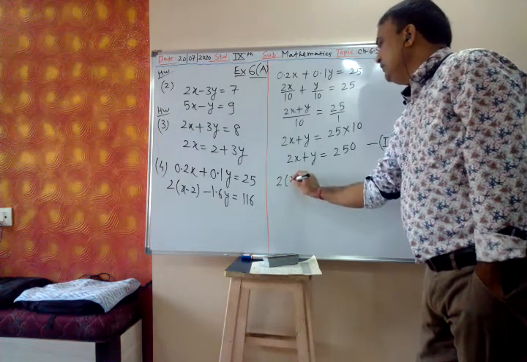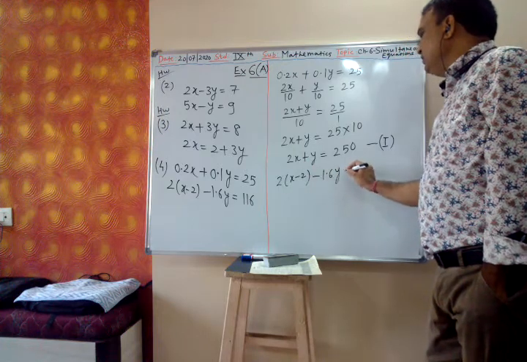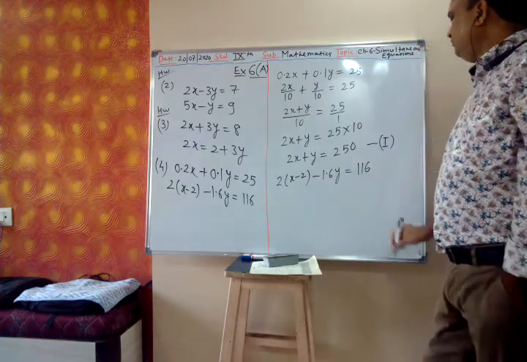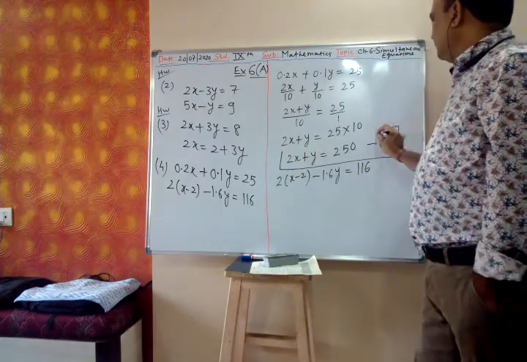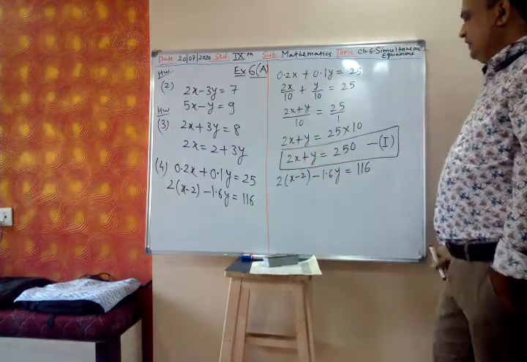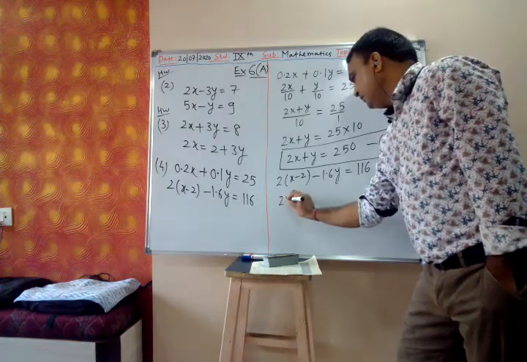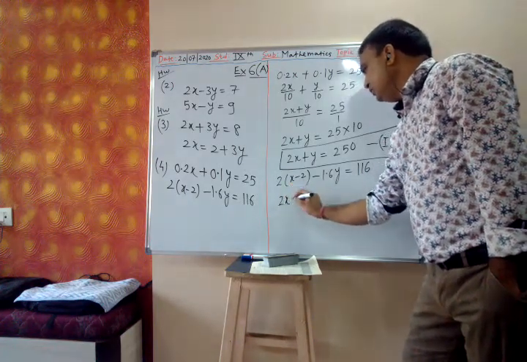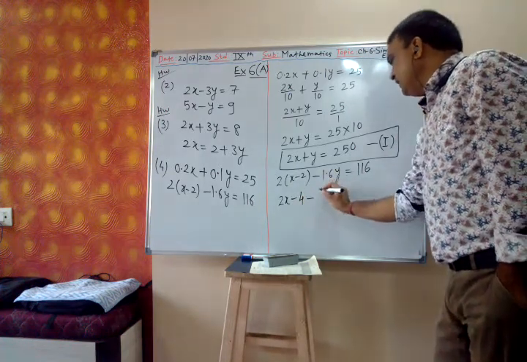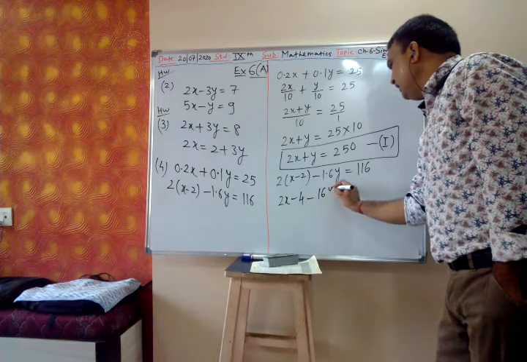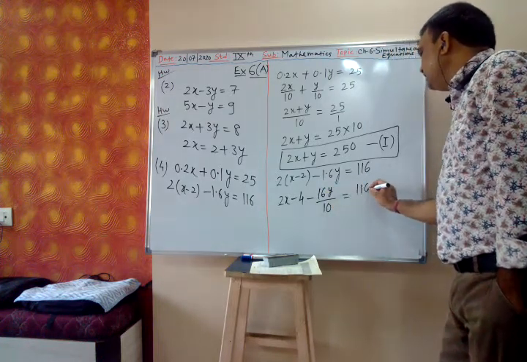So 2 into x minus 2 minus 1.6y is equal to 116. Now simplify. So that is 2x minus 4. Open this bracket: 2x minus 2 into 2, 4, minus 1.6 into y, I can write 16y upon 10, is equal to 116.